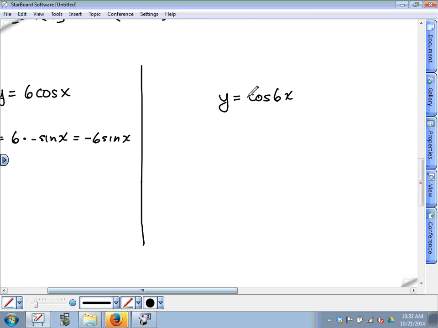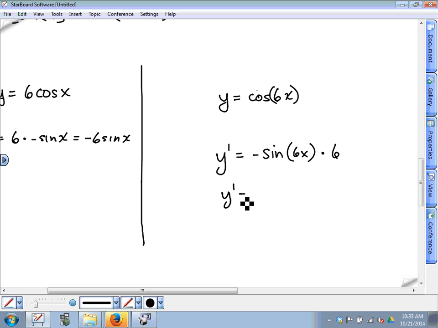Now, this one's a little bit different. We have an outer function which is cosine, and then we have an inner function which is 6x. So y prime, first of all, we have to take the derivative of the outer function. So this is going to be negative sine of 6x, but now we have to multiply this by the derivative of the inner function, which is 6.